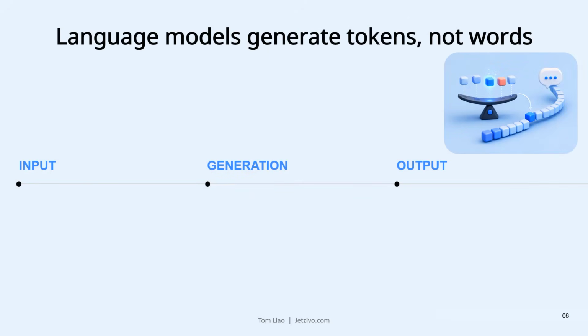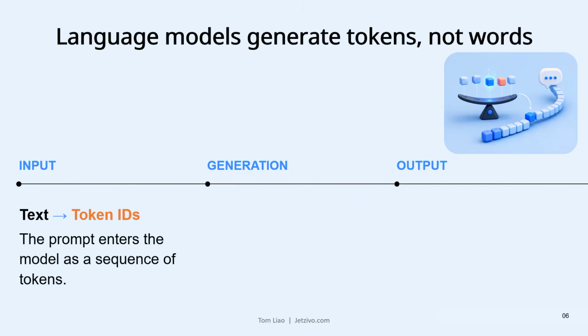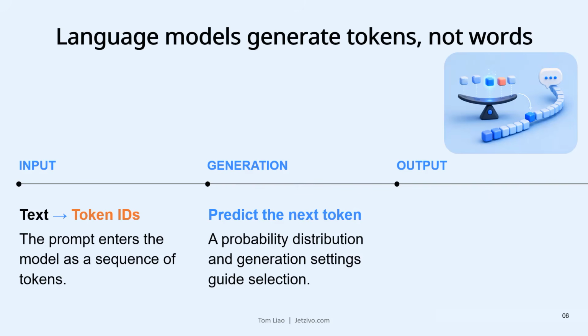Tokenization is not only used to process the input, it is also part of how a language model generates its response. After receiving the input tokens, the model predicts a probability distribution for the next token. Based on this probability distribution and the generation settings, the model selects one token and adds it to the sequence.